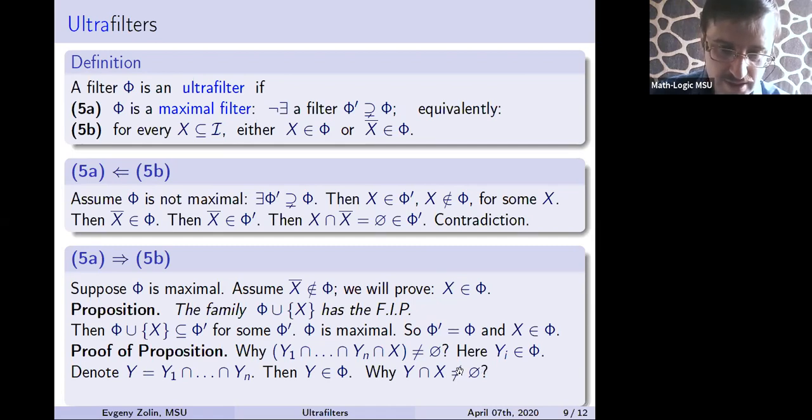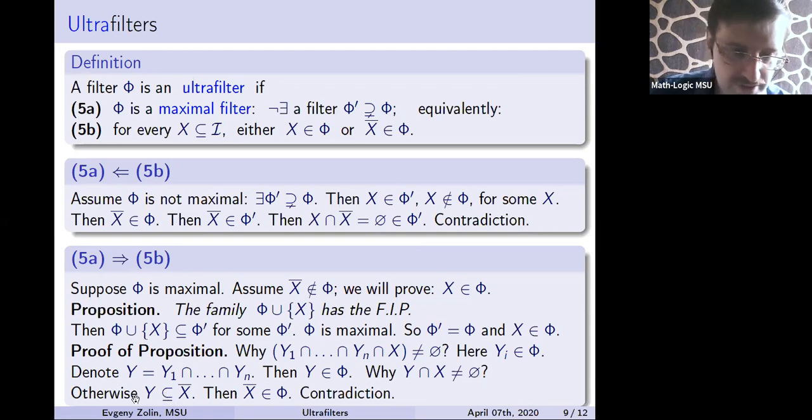But this is easy. Assume the converse, that it is empty. The intersection of X and Y being empty can be equivalently rewritten as follows: our set Y is contained in the complement of X. It is the same.